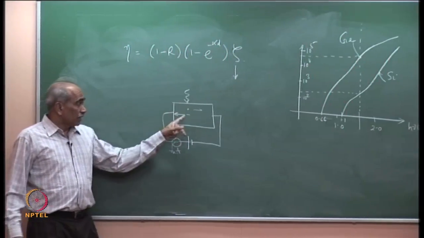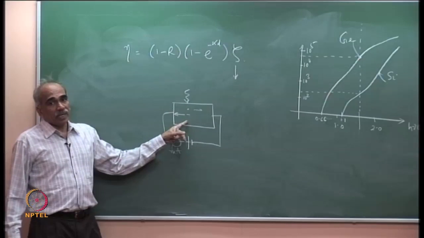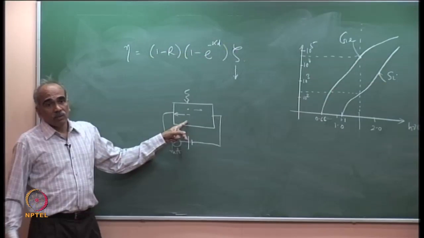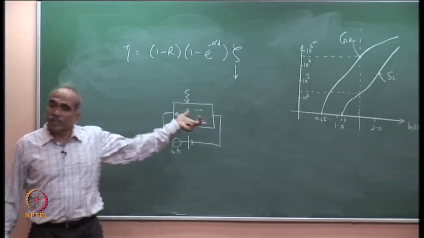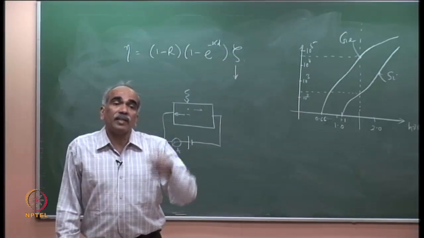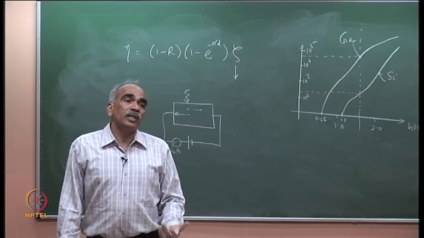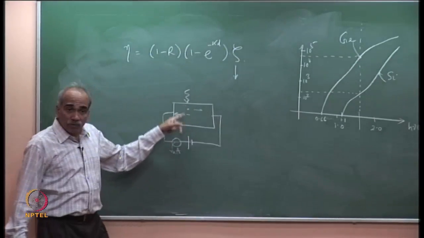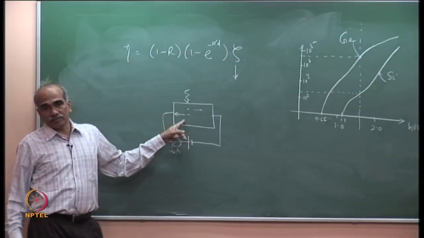Second, the generated electron hole pairs can recombine very quickly if there are defects in the material, because defects or traps act like recombination centers which lead to recombination of the generated carriers.